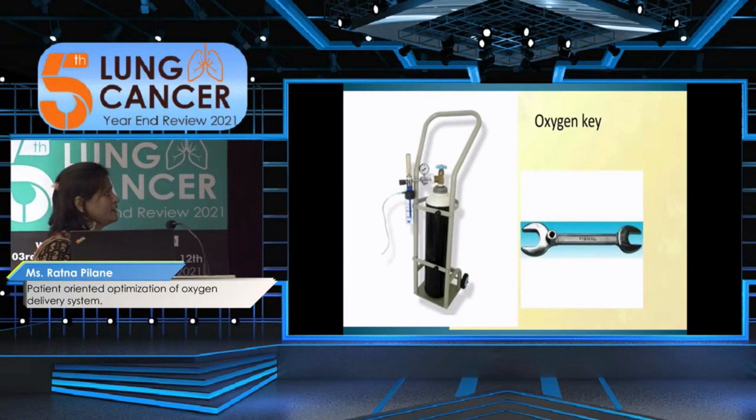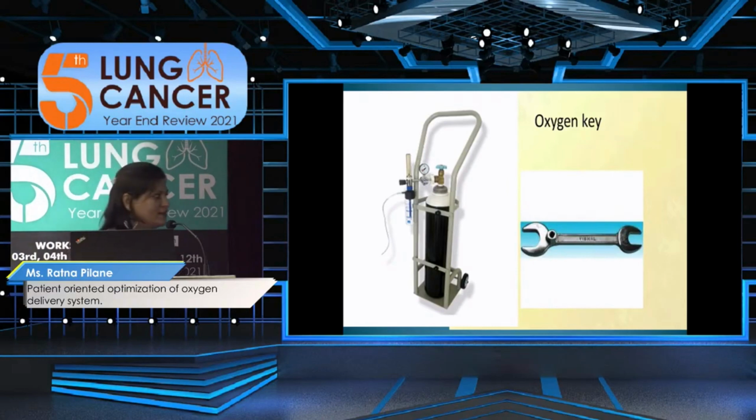Then this is the oxygen cylinder. What is the capacity of an oxygen cylinder? This is the oxygen cylinder we have in hospital. It depends upon the size of the oxygen cylinder.